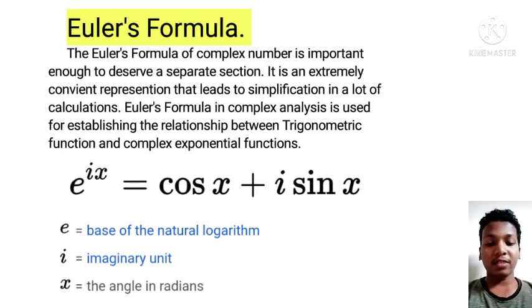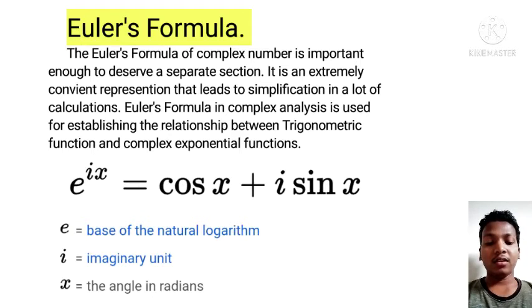Euler's formula is defined for any real number x and is written as e to the power ix equals cos x plus i sin x. Here cos x and sin x are trigonometric functions, i is the imaginary unit, and e is the base of the natural logarithm.